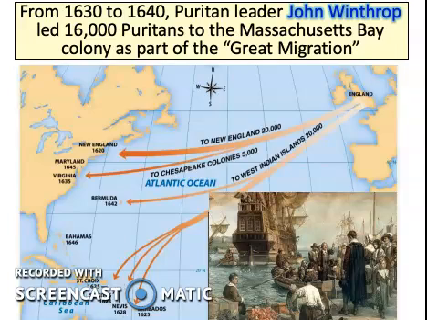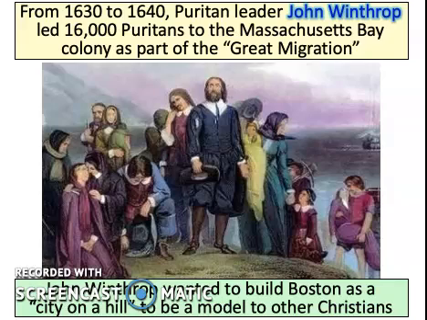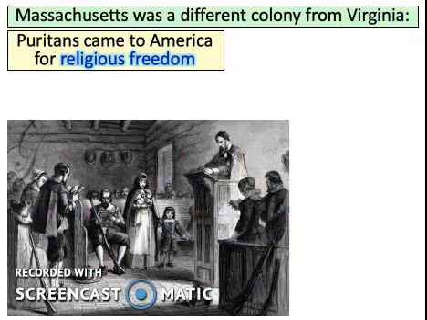They're going to be led by a guy named John Winthrop, and he's going to lead 16,000 Puritans to the Massachusetts Bay Colony in what's called the Great Migration. And his whole concept is to create what's called a city upon a hill. Basically, he wants Boston and Massachusetts to be a model to other Christians about how society should be based.